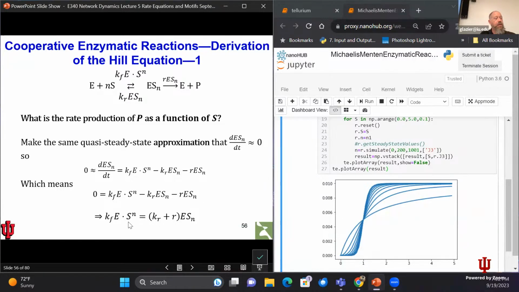We distribute it so that we have KF times E times S to the N equals KR plus R times ESN. And again, the rate of production is R ESN. So this is what we want to solve for. And so now we have to get rid of E in favor of ESN, just the way we did before.